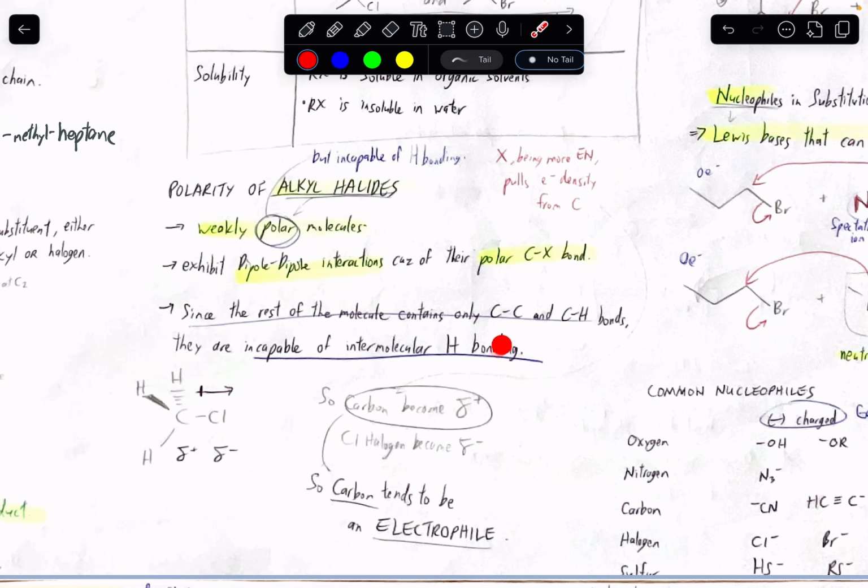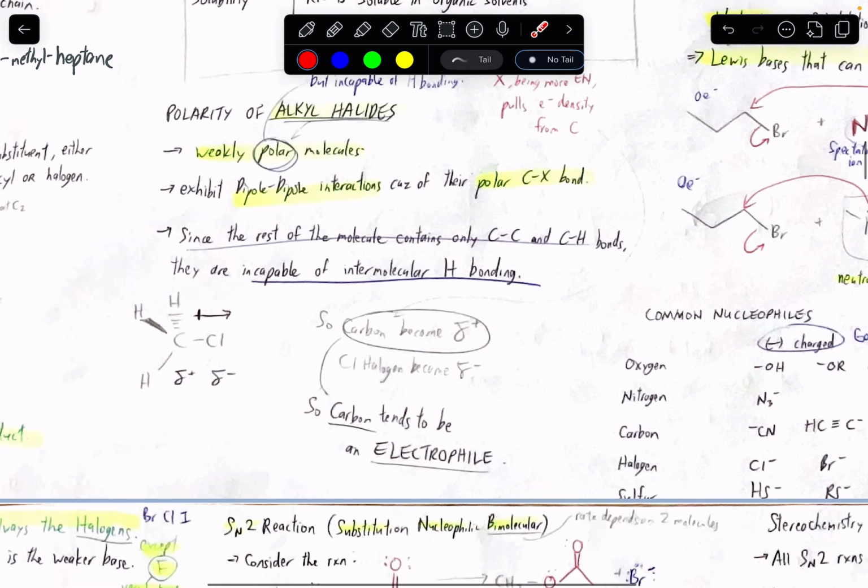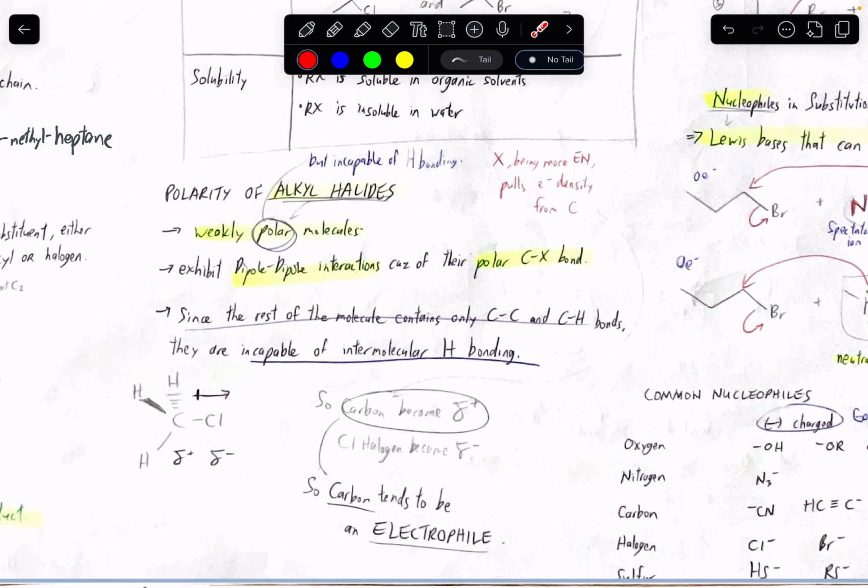So it's just a more elaborate explanation of what's been said earlier. Since the halogen, being more electronegative, pulls the electron density, usually the halogen gets the partial negative charge. And at the same time, the carbon that's beside it becomes partially positive. So you can say from here that the carbon tends to be an electrophile.